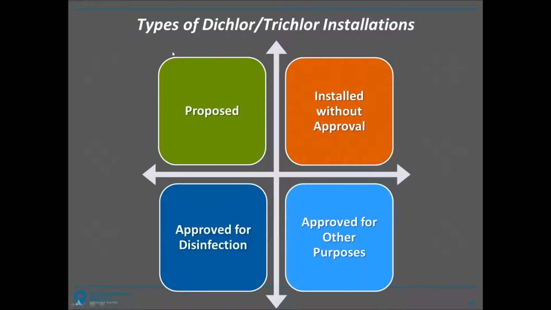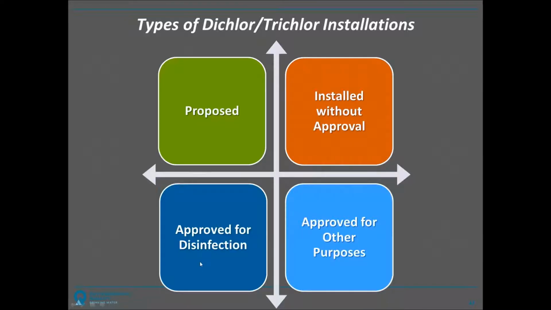We first identified the types of installations in Utah. We have the proposed type, not yet installed. We also have installations that were installed without our approval. We didn't realize some water systems had switched to dichlor or trichlor, or they went ahead and installed dichlor or trichlor without our knowledge.